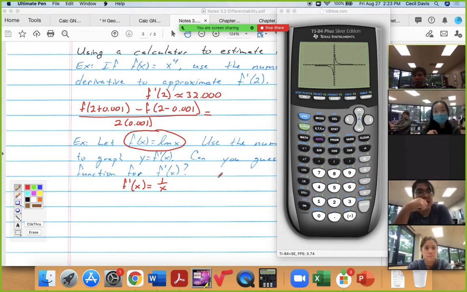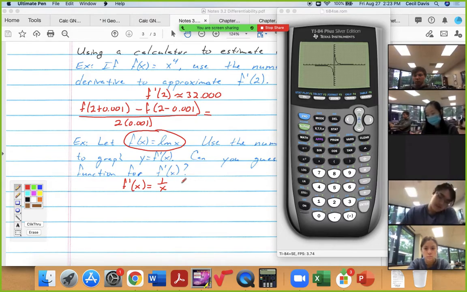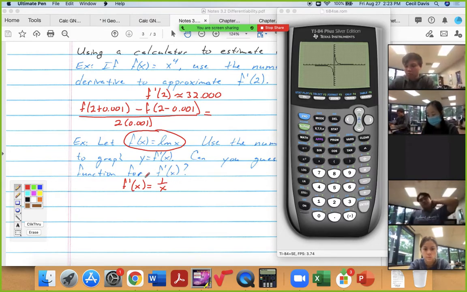What is the domain of natural log of x? Yeah, except it doesn't include 0. You were close. Natural log of 0 doesn't exist. But natural log of anything positive, so the derivative is 1 over x for x greater than 0.